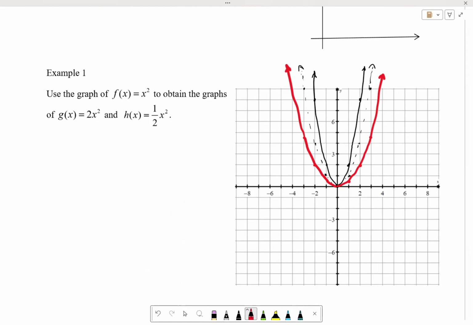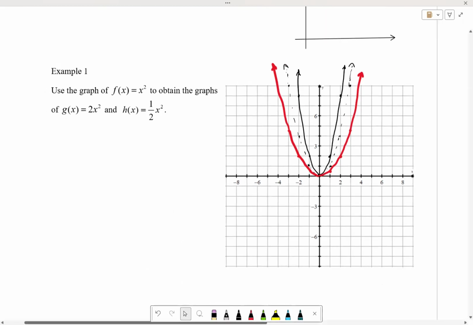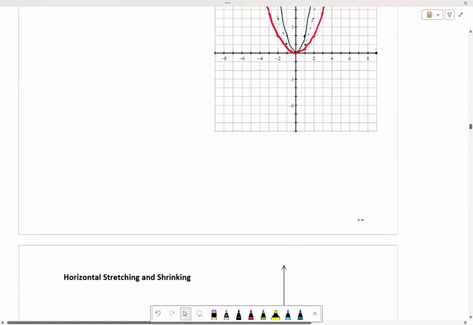Like if this desk were made of like a rubber band or something, you pulled on it, that would be the dark one in the middle. If you somehow squashed the rubber band, it would widen out into the red one that I have here. So that is a vertical stretch and compression.